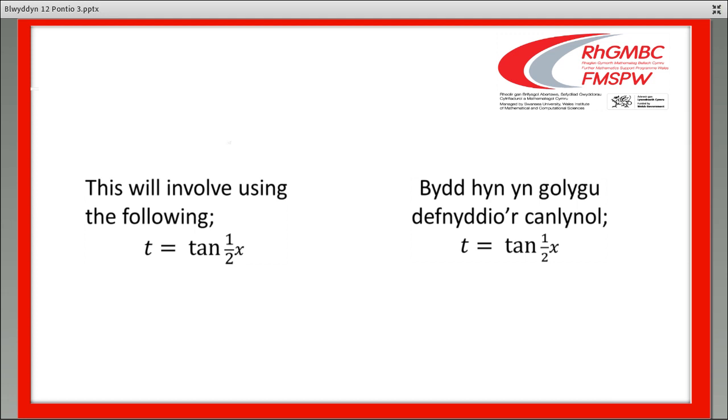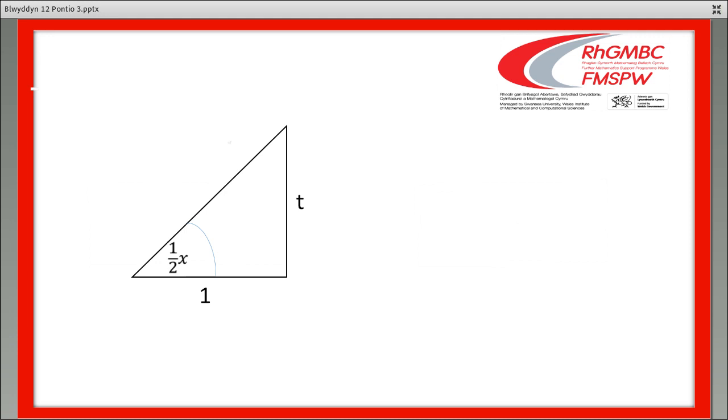Now, as with all things in mathematics, if it's at all possible, we go back to the DAD system. Draw a diagram. DAD. Draw a diagram. What does it look like? Now, if we do that, as you can see, we end up with the angle in the bottom left.